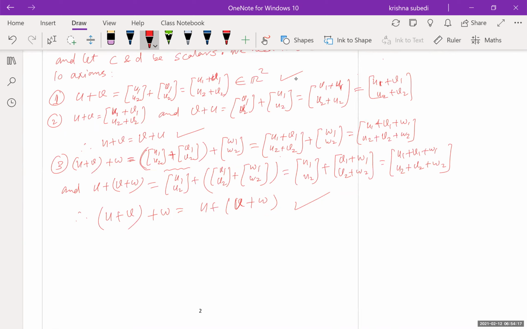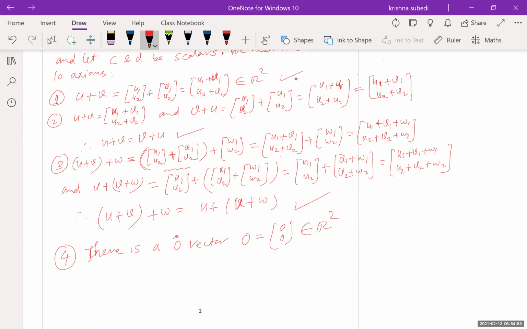Okay, now property number 4: there is a 0 vector. There is a 0 vector in R2, which can be written as 0, 0, right? Clearly in R2, we know that it's the origin.